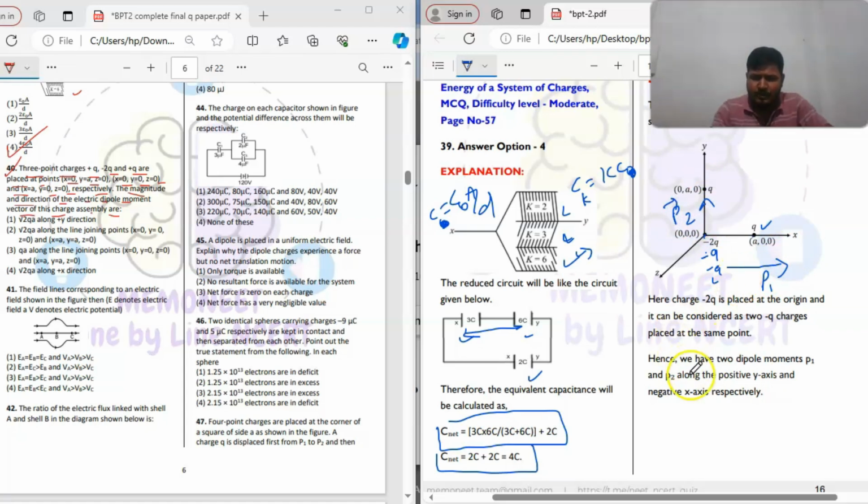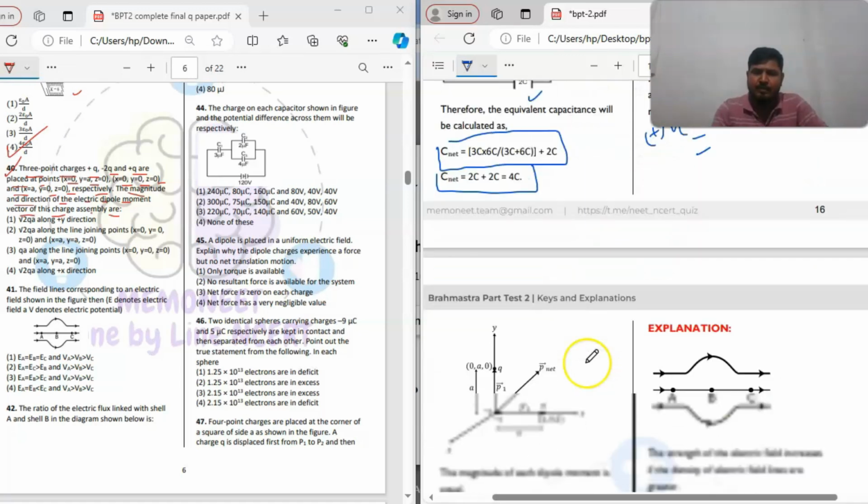Okay, now P2 is along the positive y-axis, and P1 is along the positive x-axis. This is P1, this is P2, because it is given here as P1 and P2, right? Now we will find P1 and P2.